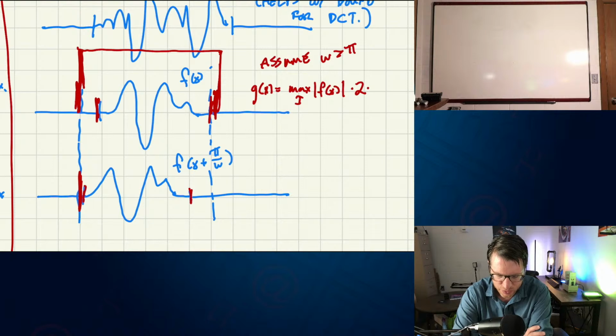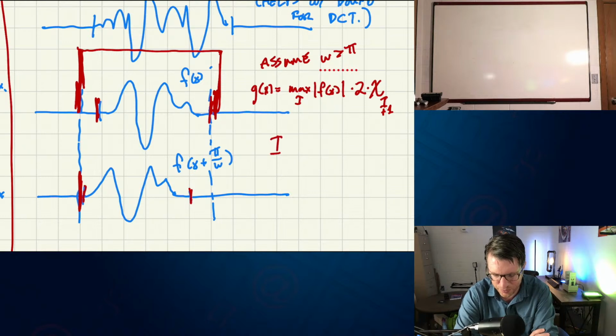And then I'm going to multiply by the indicator function of I plus, inflated by, say, 1. We can come up with this notation ourselves.